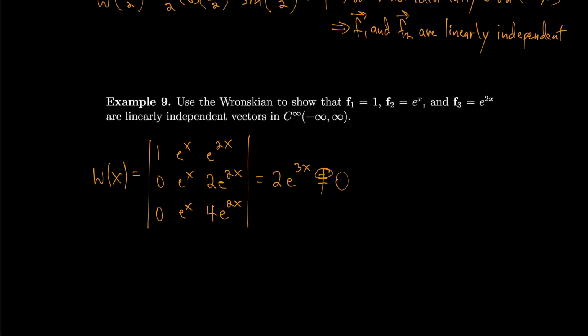I just use this extra notation to show what identically means. I'm not just talking about equaling 0 at 1 x. I'm talking about all x, for any x. So this means that f1, f2, and f3 are linearly independent.